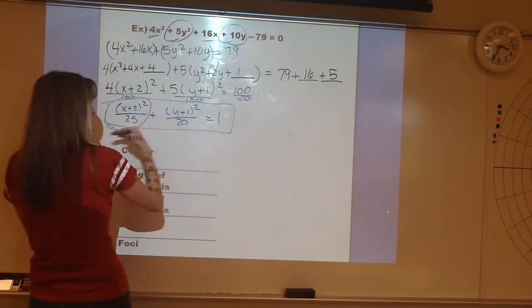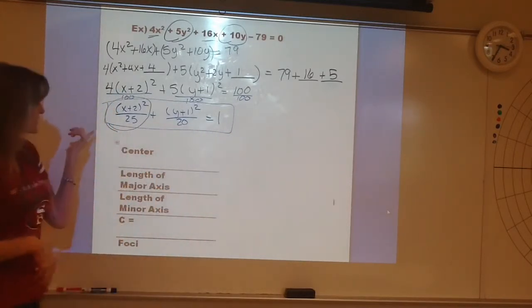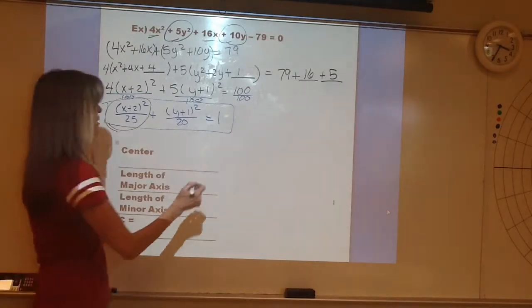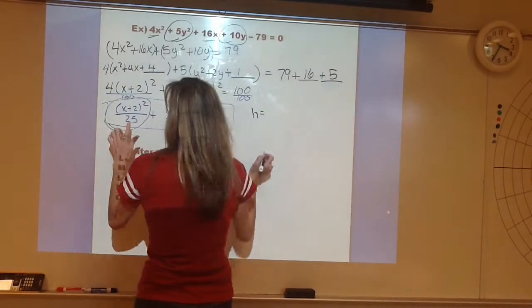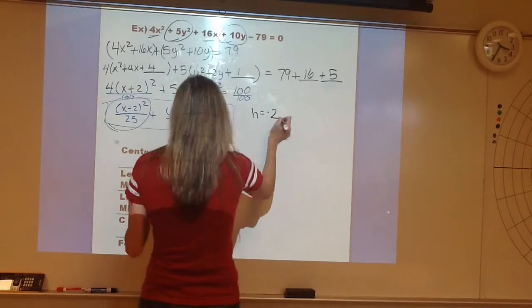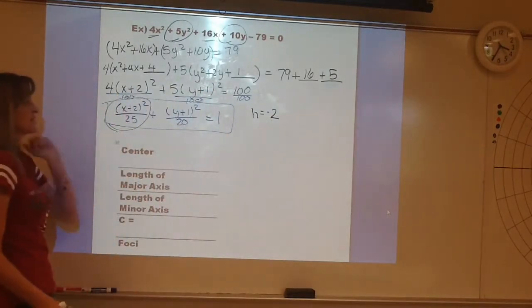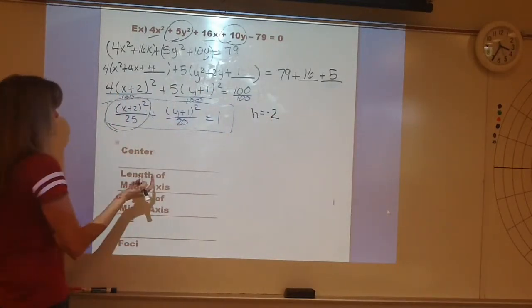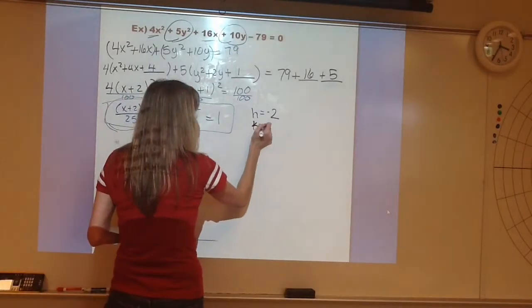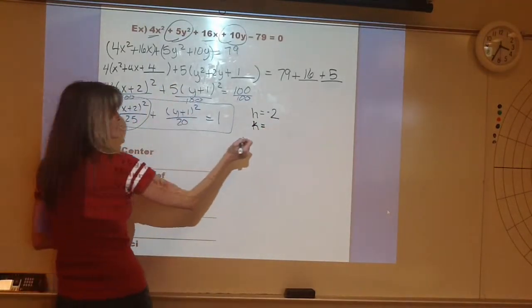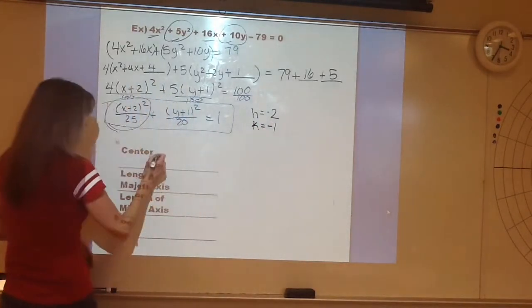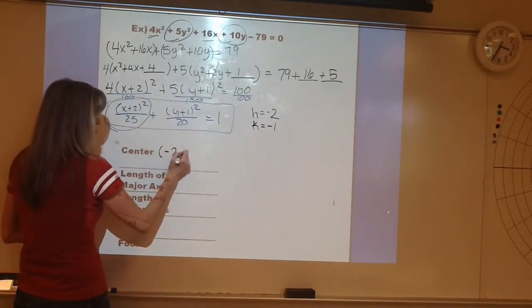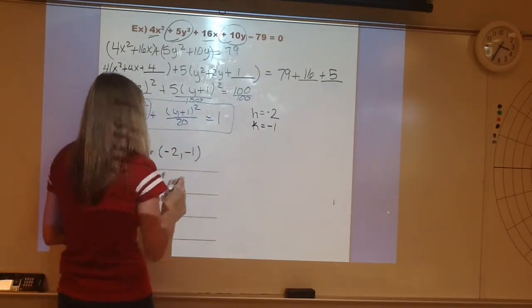X goes this way. Okay, so h is always the number being subtracted from the x. So -2 is being subtracted from the x. K is the number being subtracted from the y, so it is -1. So my center is -2, -1.